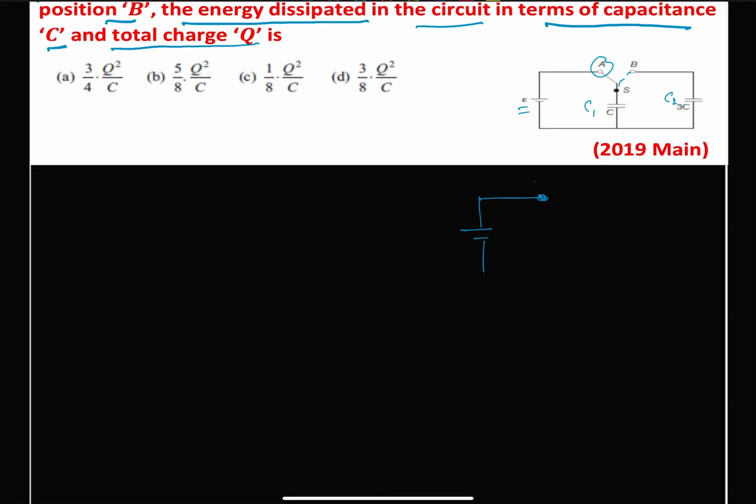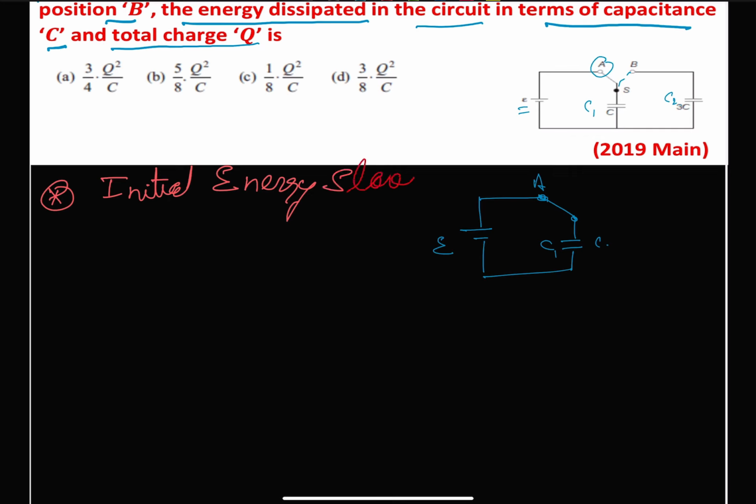This is our position A, and this is our switch, and EMF E. C1 is our C. Let us assume that the charge on capacitor C is Q. So the initial energy stored, U initial, will be equal to Q square upon 2 C1.